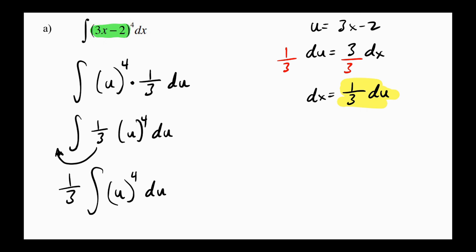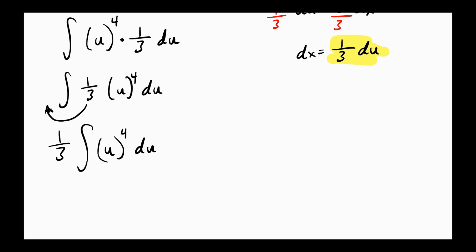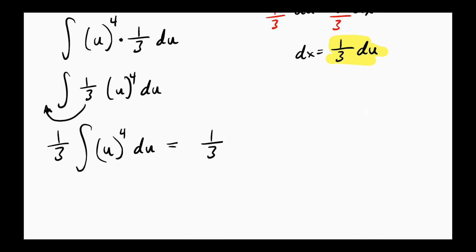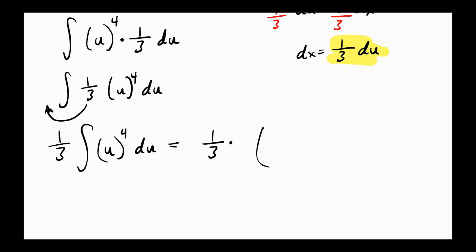All right, so now find the antiderivative. Now I can use power rule. So we got 1/3 u to the 4th power, which means u to the 5th power divided by 5, right? Or times 1/5, plus c.